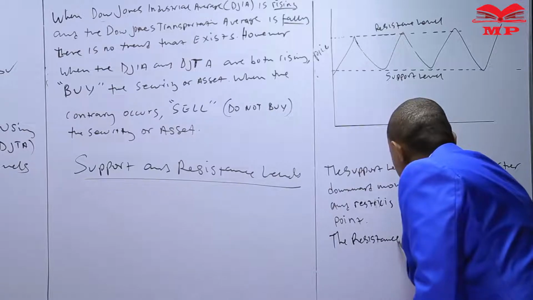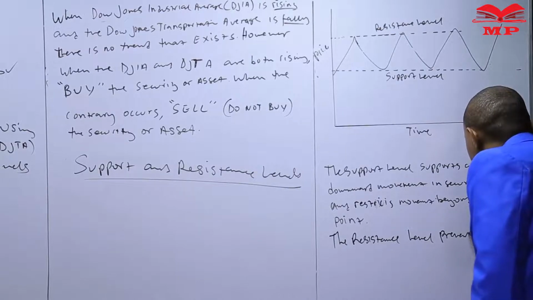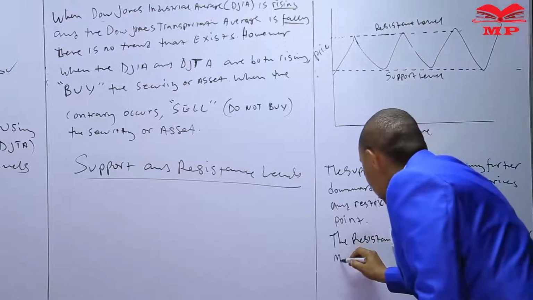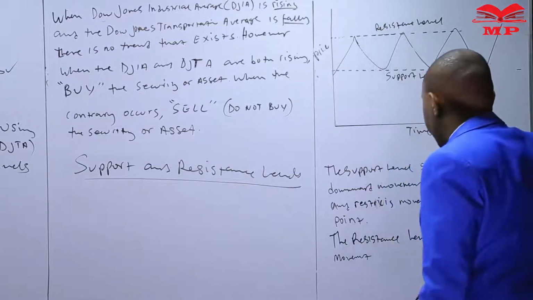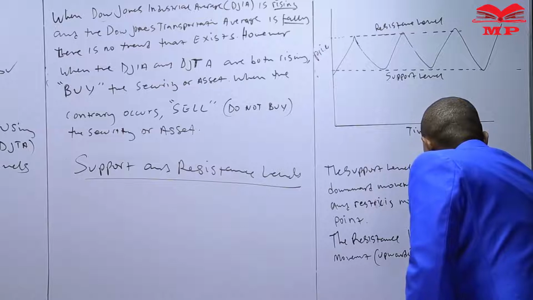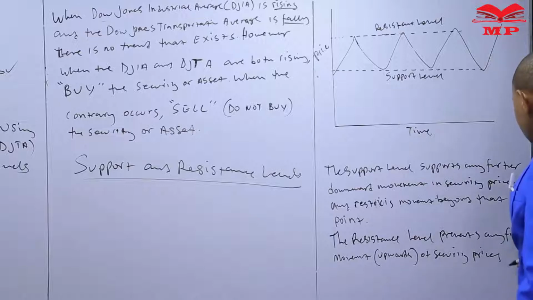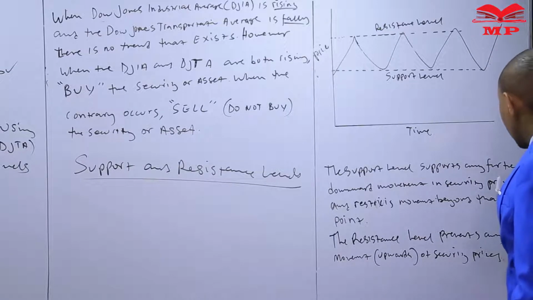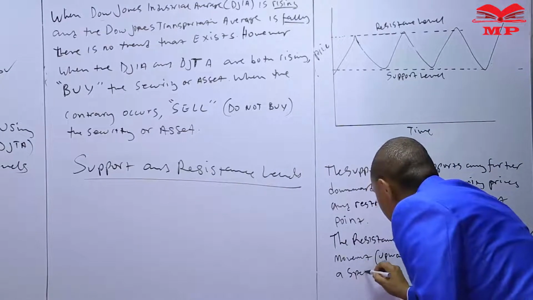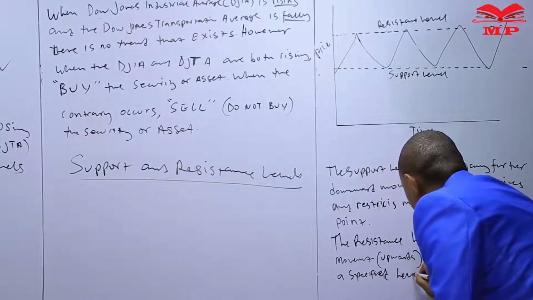We can say that the resistance level prevents any further upward movement of security prices beyond a specified level.